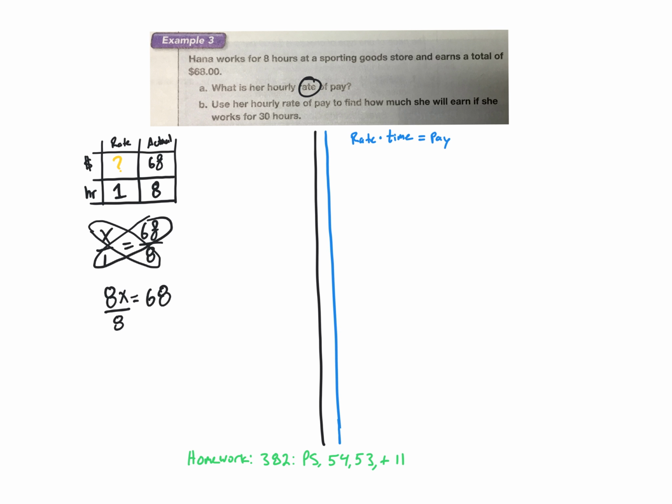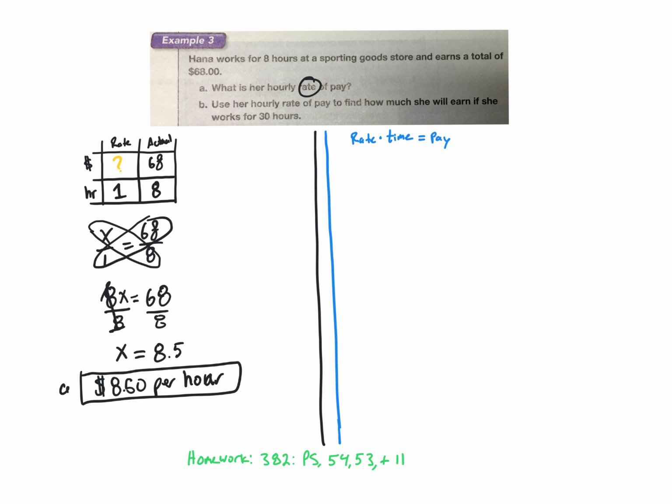Divide both sides by 8. Those become 1, and I get x is equal to 8.5. I just plugged that in a calculator to find that answer. So again, I'm going to use words to answer this. So I'm going to say $8.50 per hour. So this is the answer to part A.